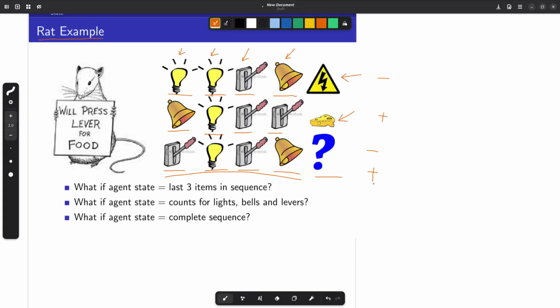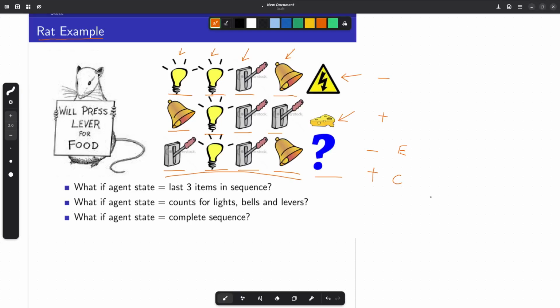It would be a positive reward if it got a piece of cheese. So which one is it? You can pause the video here and think about it. What would you vote for? Being electrocuted or getting a cheese? Okay, I'm going to pause for a moment and let you think about it.